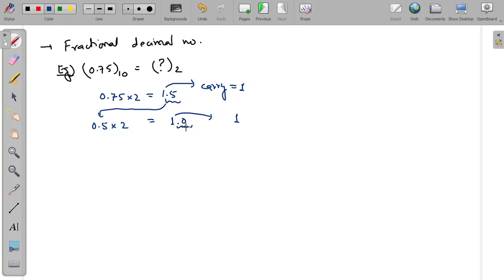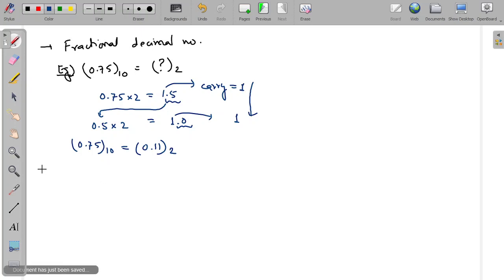So we can stop here. Once we get a 0 in the fraction part, we can stop there, and coming from this position we can collect the carries, and we can write that 0.75 in decimal is equal to 0.11 in binary.